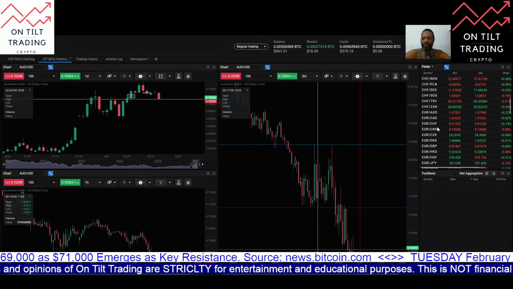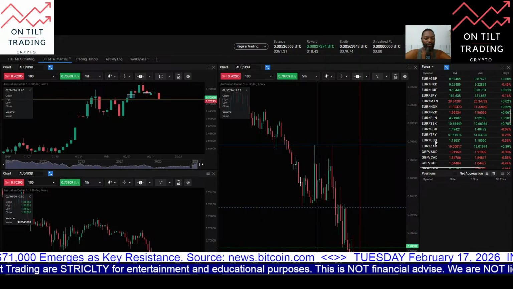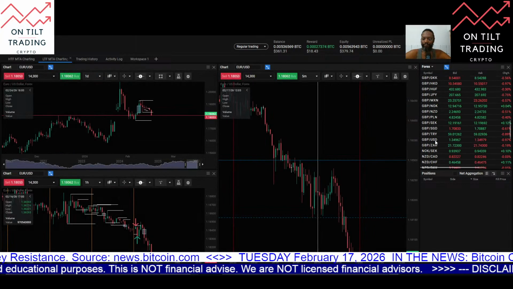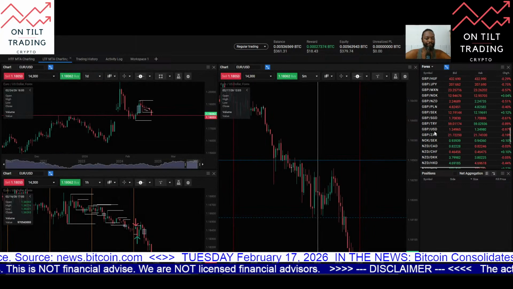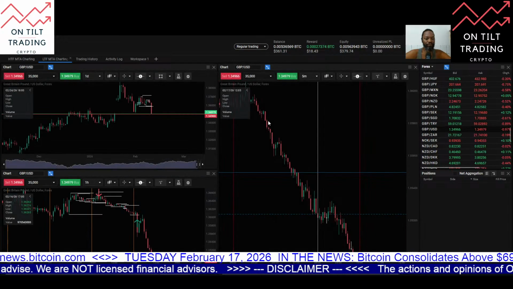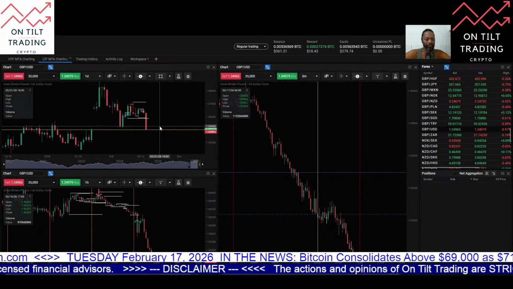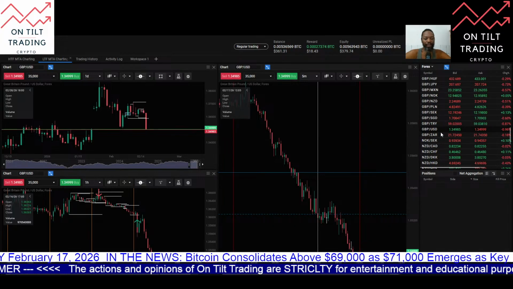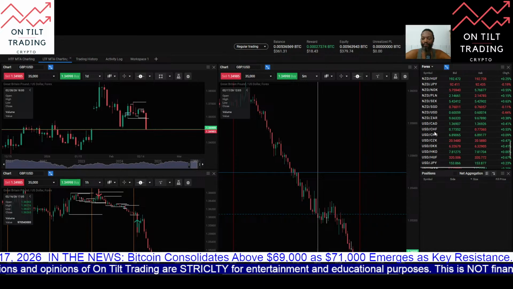So Aussie dollar, nothing there. Euro dollar, no. Pound dollar, no. Still selling. I covered that new week opening gap there.